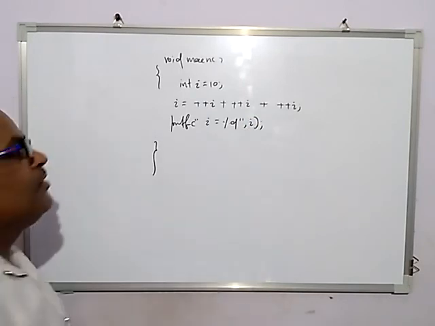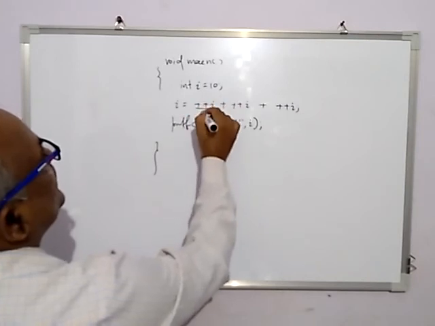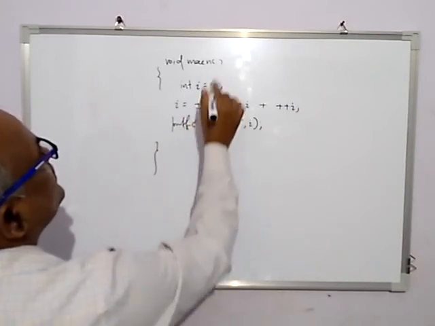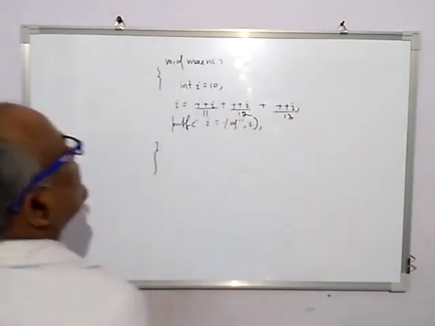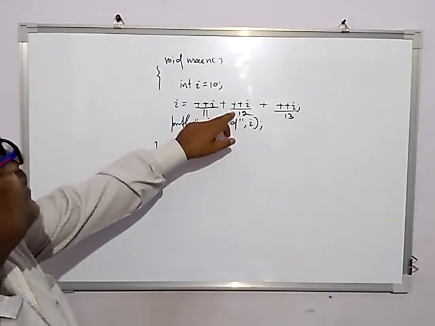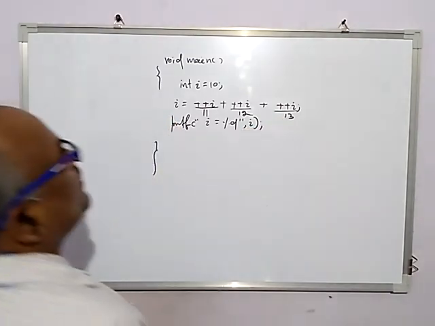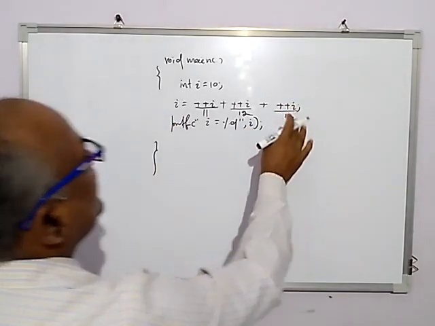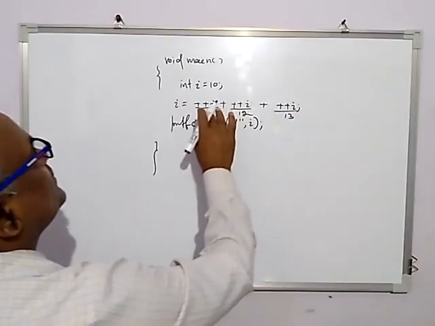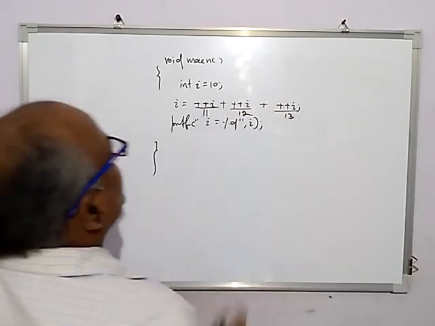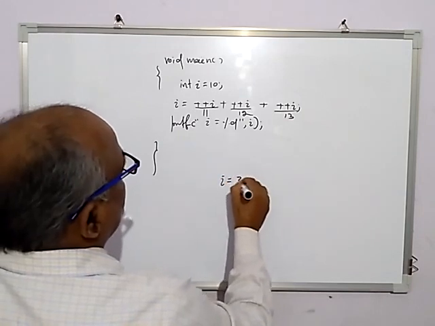So what is the value? Since this is pre-increment, the value of the variable is incremented first, so it is 11, then 12, then 13. 10 plus 1 is 11, 11 plus 1 is 12, 12 plus 1 is 13. Now what is the latest value of i? 13. So 13 is substituted for all i. That means now we add 13 plus 13 plus 13, that is 39. So here i equal to 39.